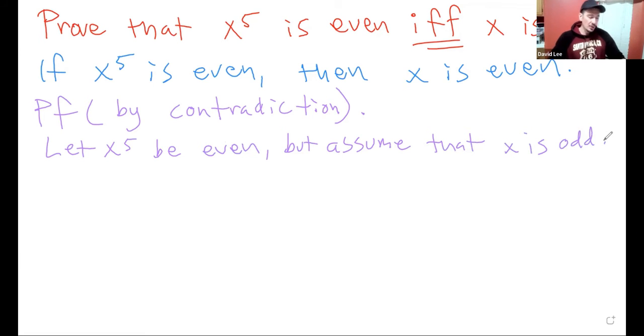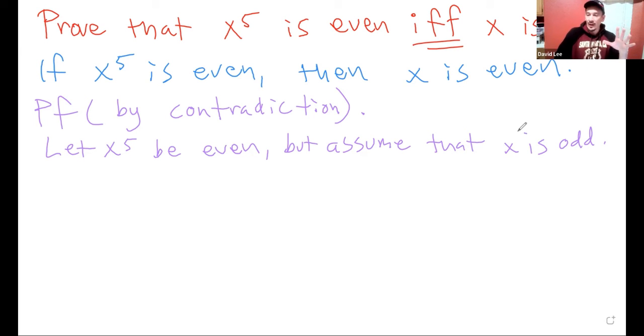So we're going to for sure be given that x to the fifth is even, but we're going to assume to the contrary that x is odd, and we're going to look for a contradiction, which would then imply that x would have to be even.